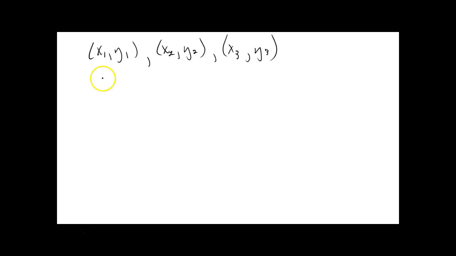If you just happen to have 3 points, x1, y1, x2, y2, x3, y3, okay, 3 points in the plane, they are collinear if and only if the determinant of x1, y1, 1, x2, y2, 1, x3, y3, 1 is equal to 0.